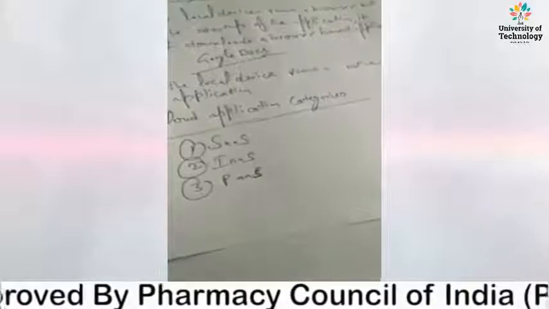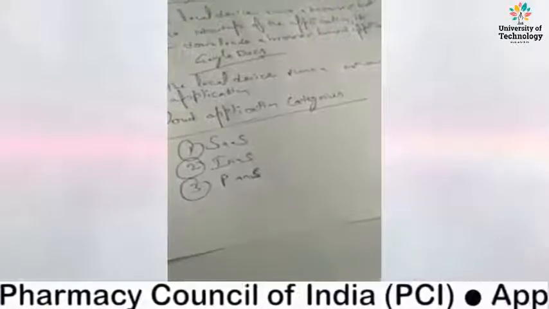Okay. First is SaaS. Second, IaaS. A third is PaaS. Okay. So SaaS stands for Software as a Service, IaaS Infrastructure as a Service, and PaaS Platform as a Service.